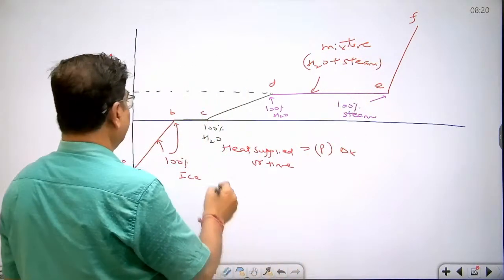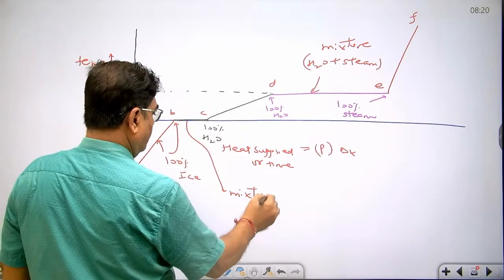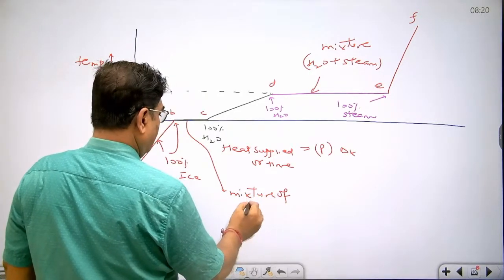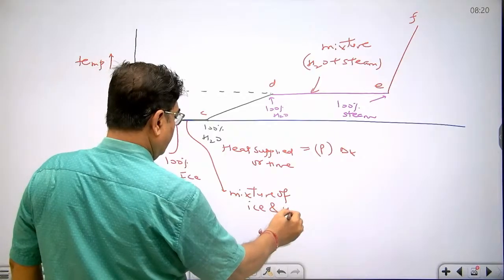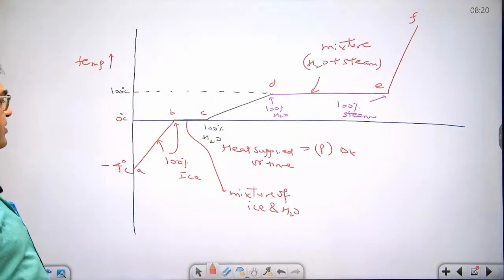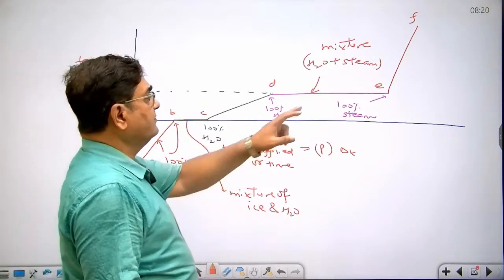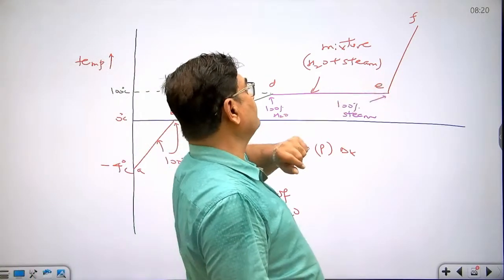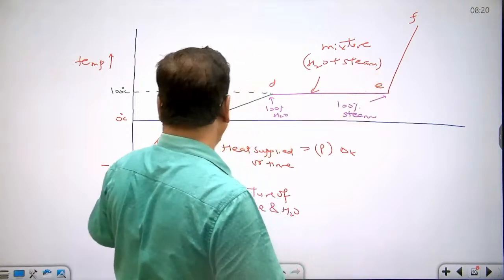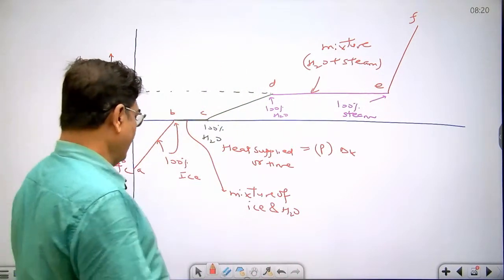In between here, a mixture of ice and water, because 0 degree centigrade ice can remain in thermal equilibrium with 0 degree centigrade water. Okay. Now dear student, we know the specific heat of steam is 0.47, specific heat of ice is 0.5, specific heat of water is 1 calorie per gram degree centigrade.